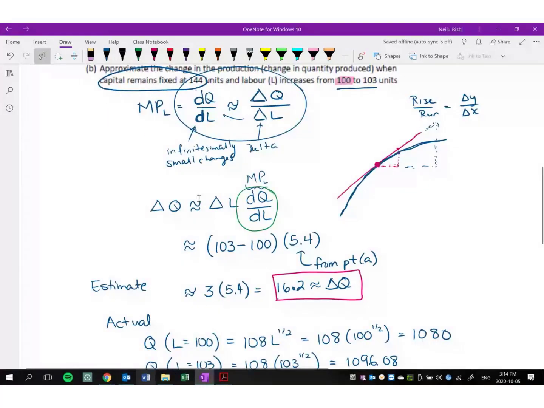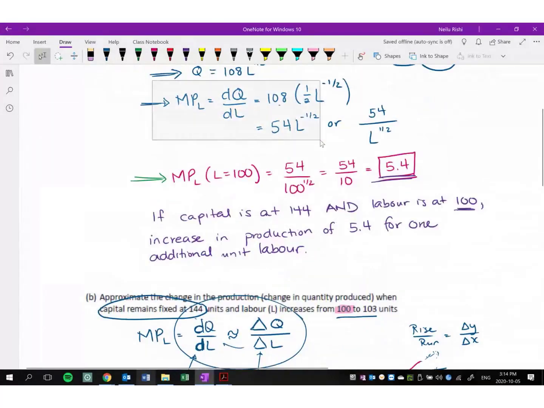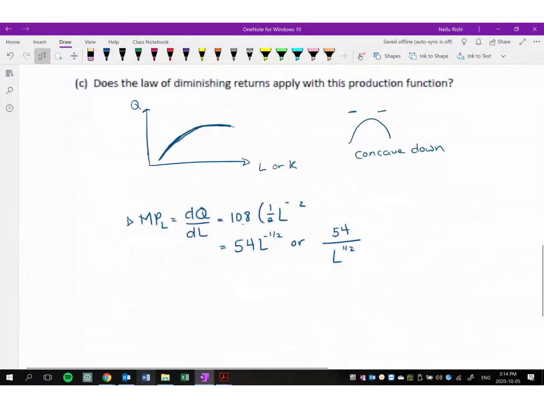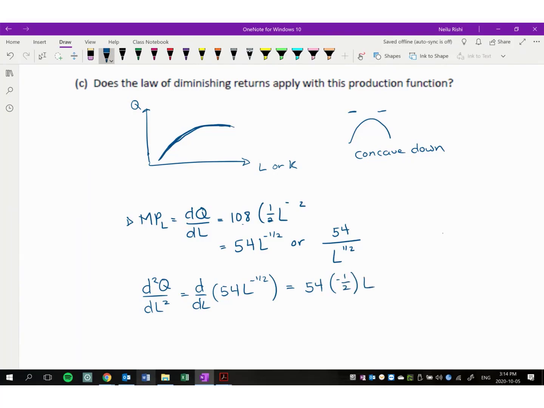So I'm going to take my first derivative up here, and I'm going to take the second derivative. D squared Q over dL squared is going to be equal to the derivative with respect to L of the first derivative, 54L to the power of negative half. So this is going to give me 54 times negative half times L to the power of negative 3/2.